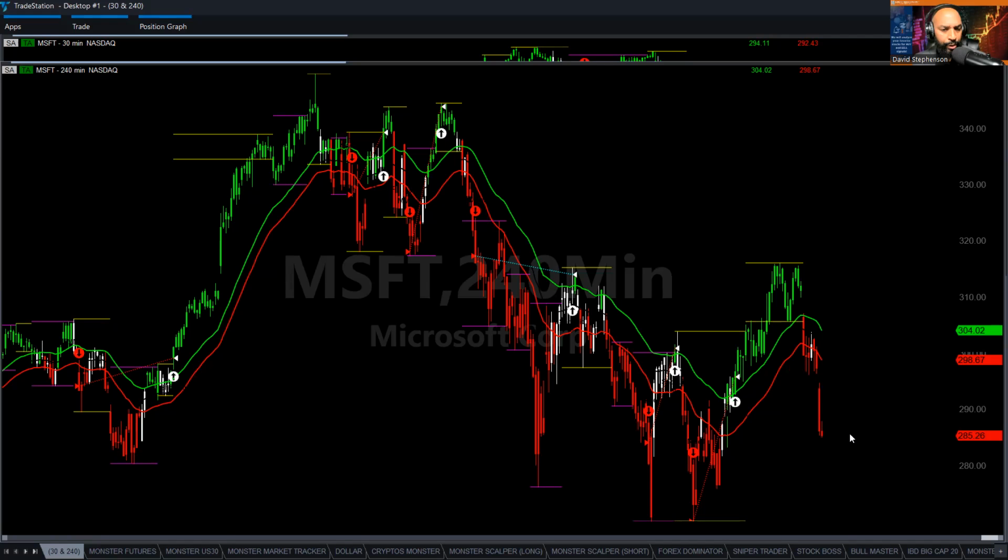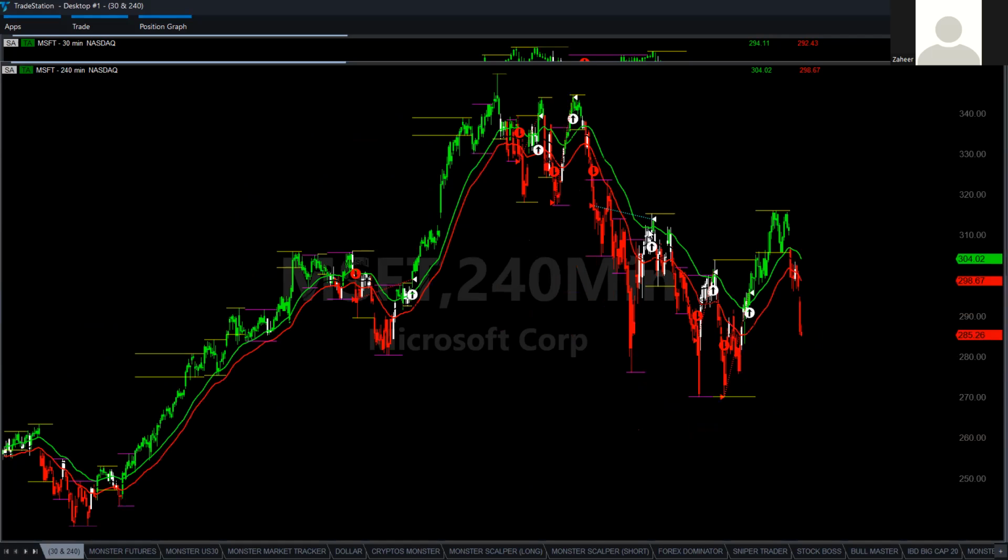At what price are you looking to go short, man? Well, I'm thinking if it breaks the 280 tomorrow, I'm not sure. I'm wondering if 280 is like a strong support, you know. It's probably too close, right?